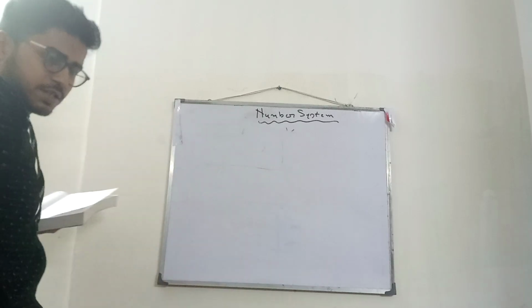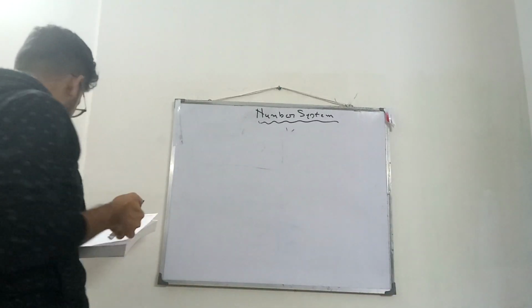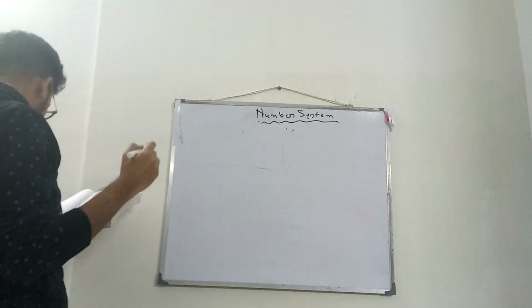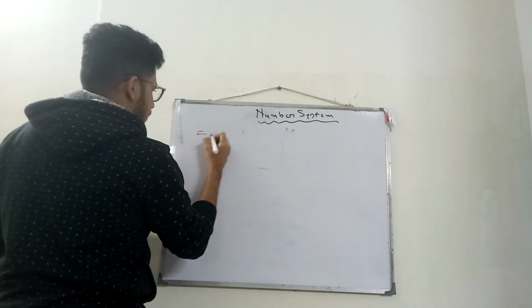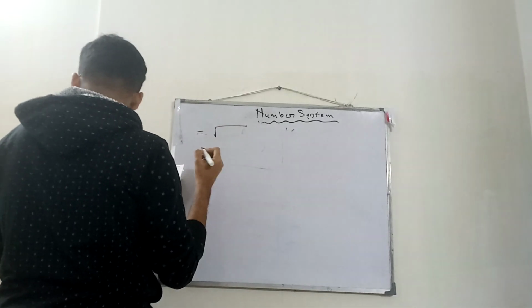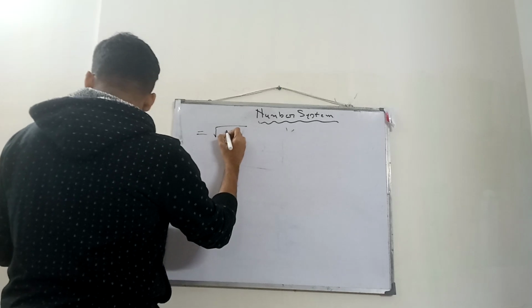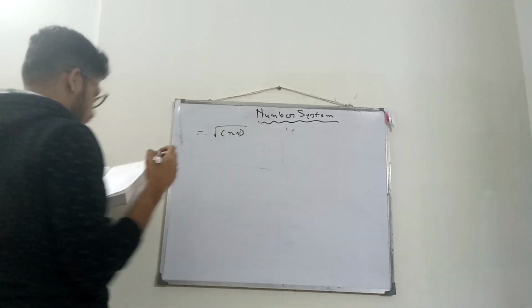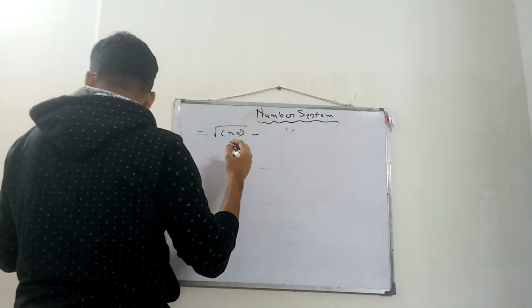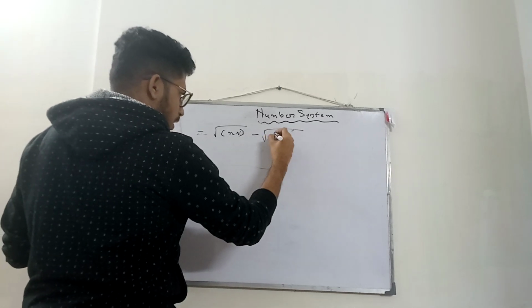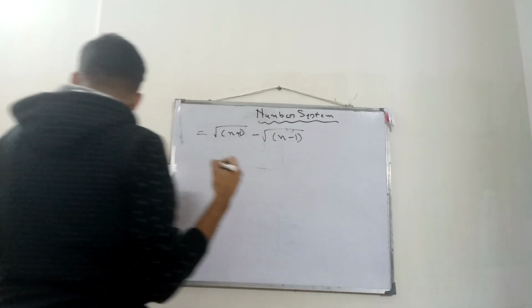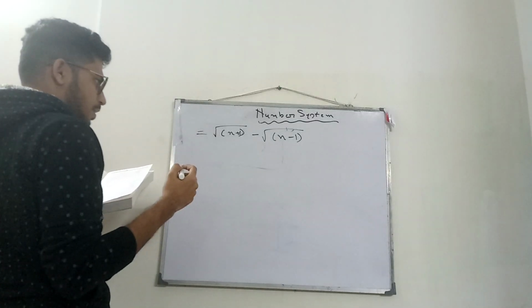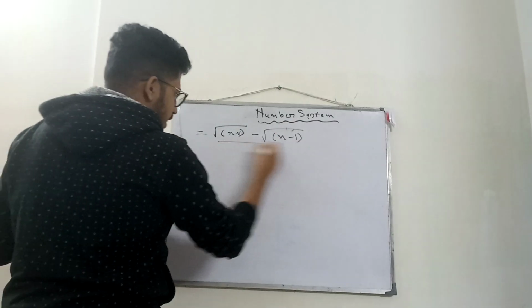We will not waste our time, because time and tide wait for none. Here we have root n plus 1 minus root n minus 1, by 2.